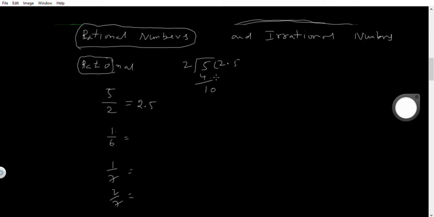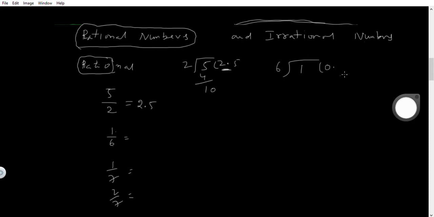This can also be expressed as a decimal number, but the decimal numbers are different. By observing 5 by 2 we get 2.5. By dividing 1 with 6 we get some other decimal number. 1 divided by 6: 1 is less than my divisor.